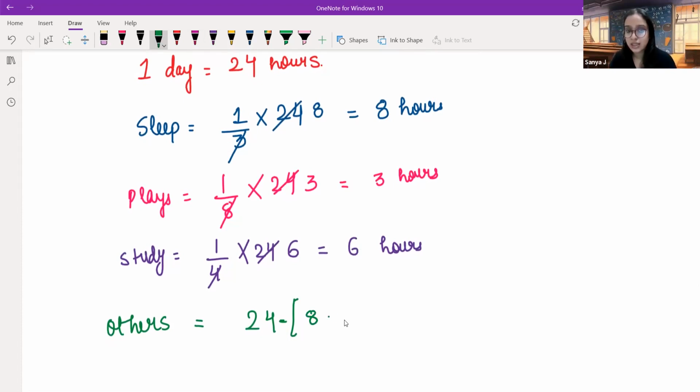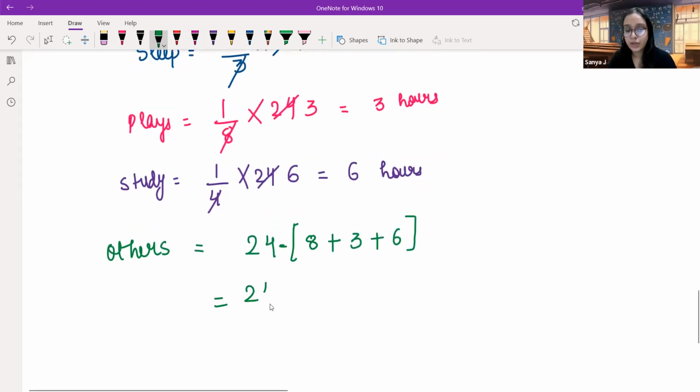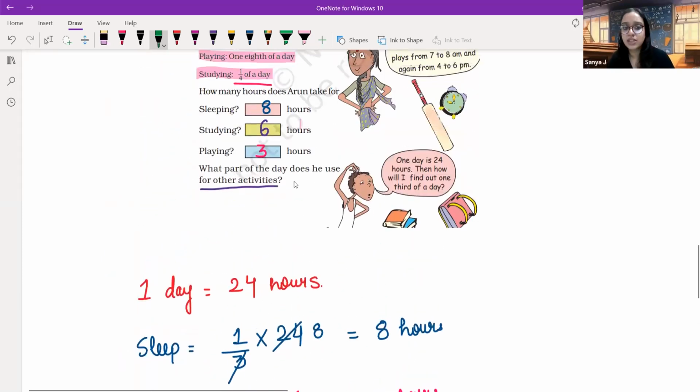So that's 8 plus 3 plus 6, which is 17. Now that's 24 minus 17, and that's going to be 7 hours. Correct? So for other activities, he devotes 7 hours, and in total they make 24 hours.